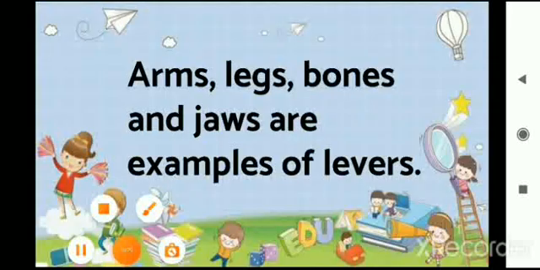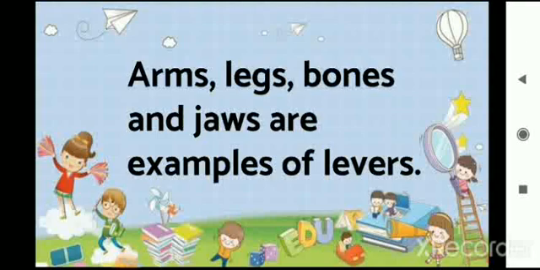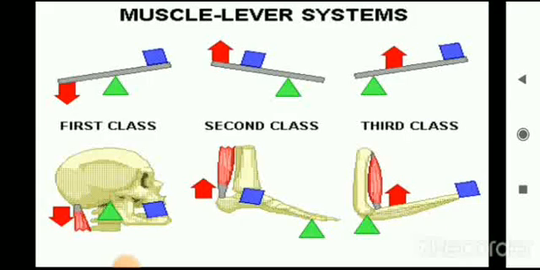Our arms, legs, bones and jaws are all examples of levers, right? They belong to different classes of levers. For example, in this picture you can see that the point at which our head is connected to our neck is the fulcrum, right? And the head is the load and the neck is the effort. Okay? In the first picture you can see this, right?